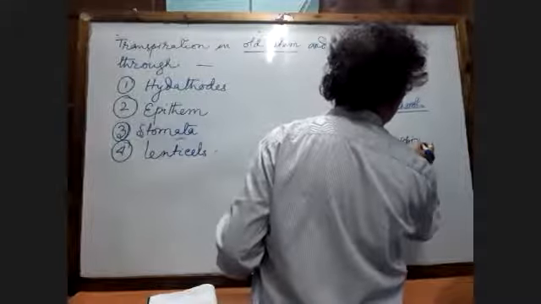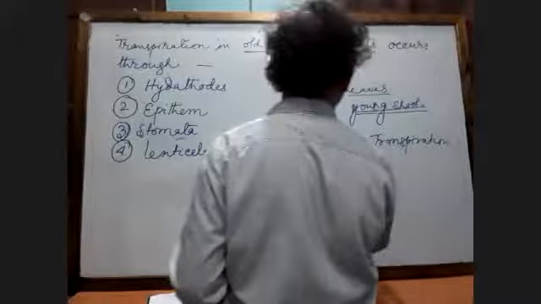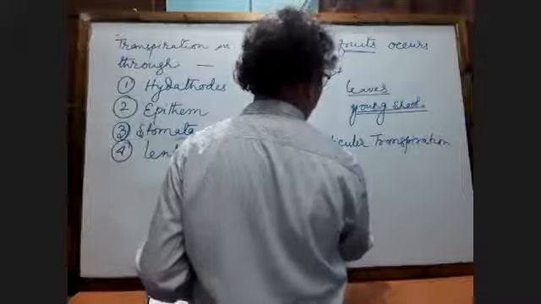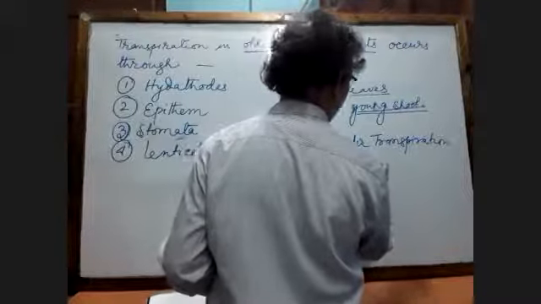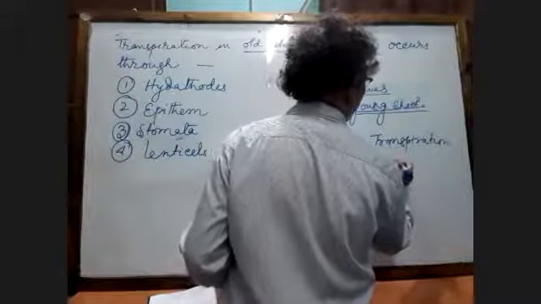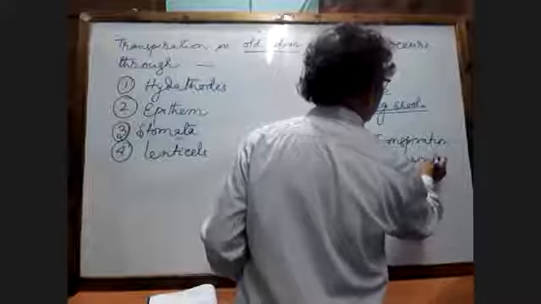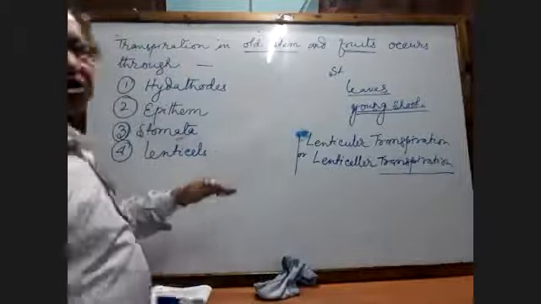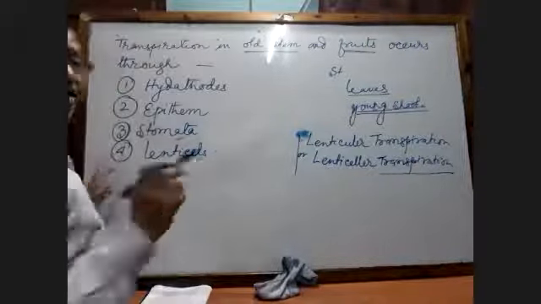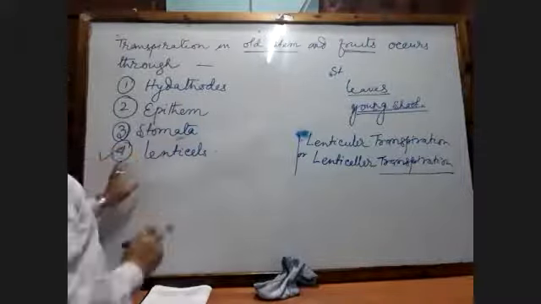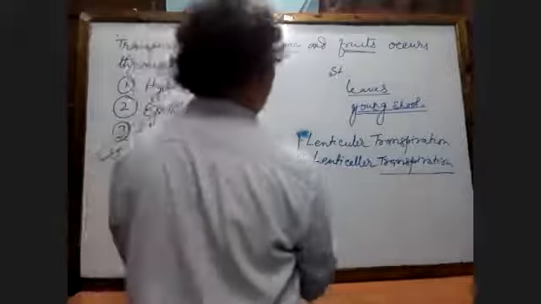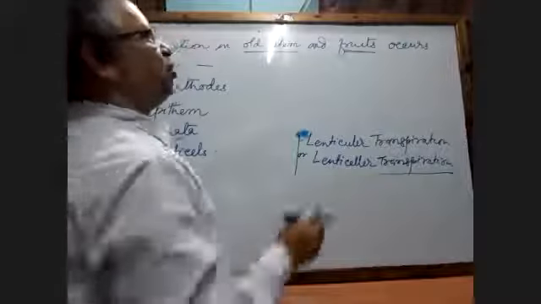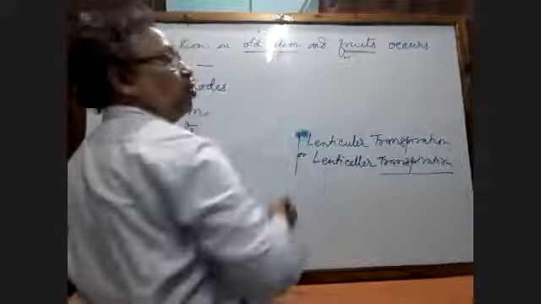Lenticular, or lenticellar, transpiration takes place by a special structure that is called lenticels. Lenticels are found in the wall of the fruits and the old stem.